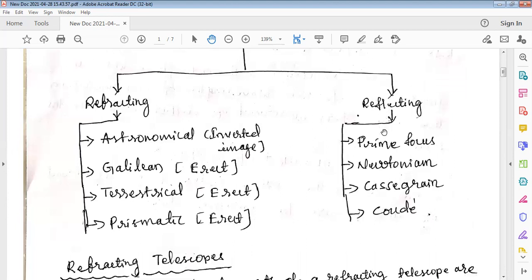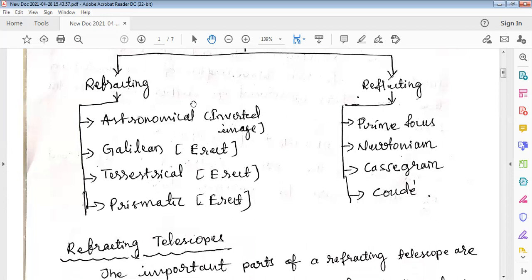So this is the broad classification of the telescopes, and the sub-classification is as follows. The refracting telescopes are further divided into four categories. One is the astronomical telescope, where the image is inverted; the Galilean type, where the image is erect; the terrestrial telescope, where the image is again erect; and the prismatic telescope, where the image is again erect.